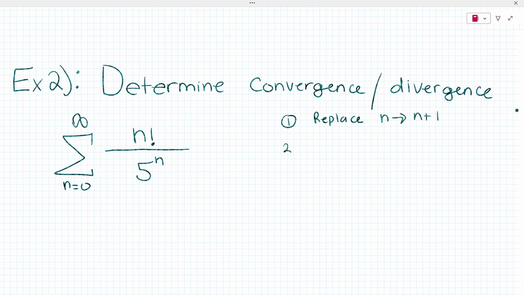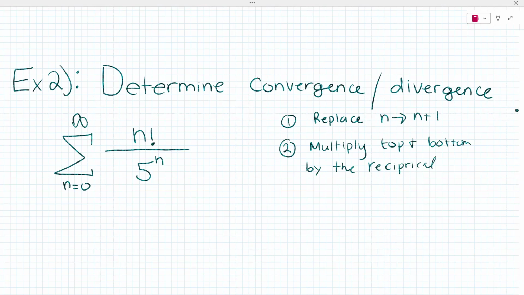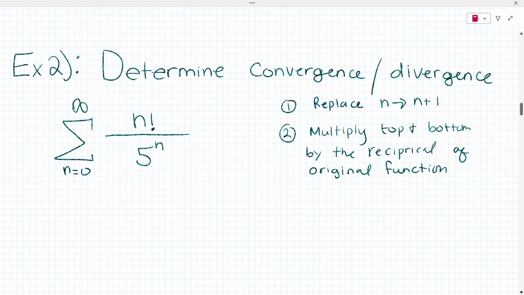The second step is you're going to multiply top and bottom by the reciprocal of the original function. And then don't forget to put your absolute value sign.